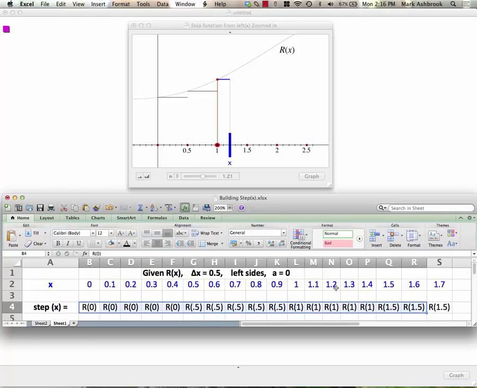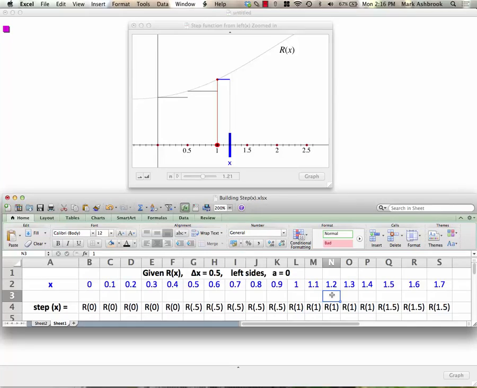So here at 1.2, we've got x of 1.2, but we're putting 1 into R. So what's the middleman? 1.2 first has to be transformed or mapped to what value first? 1.